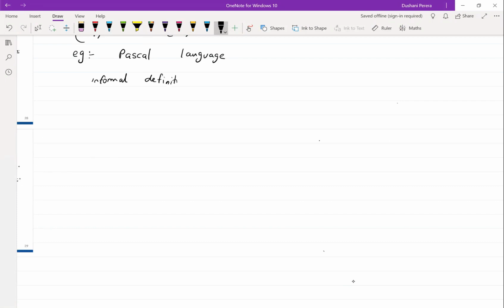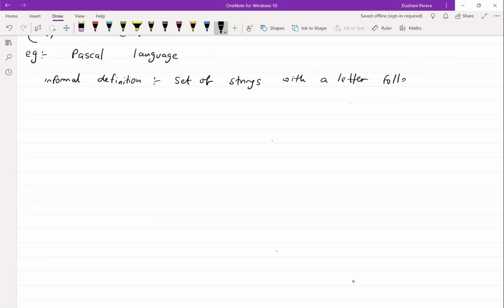So this includes a set of strings with a letter followed by an arbitrary number of letters or digits.